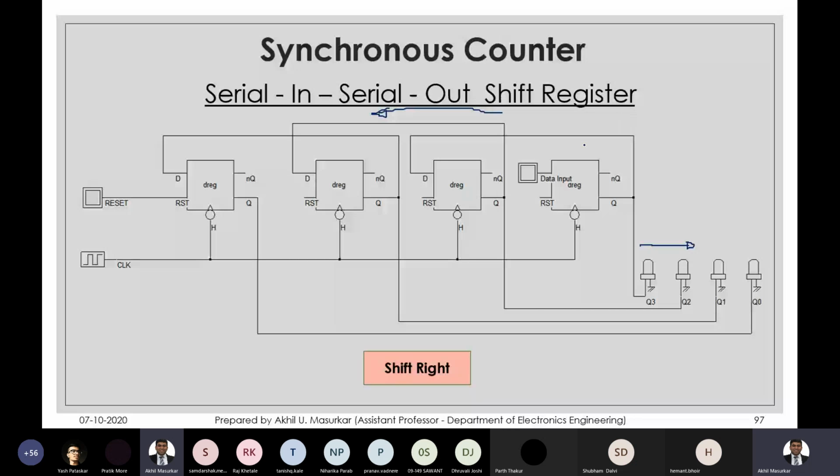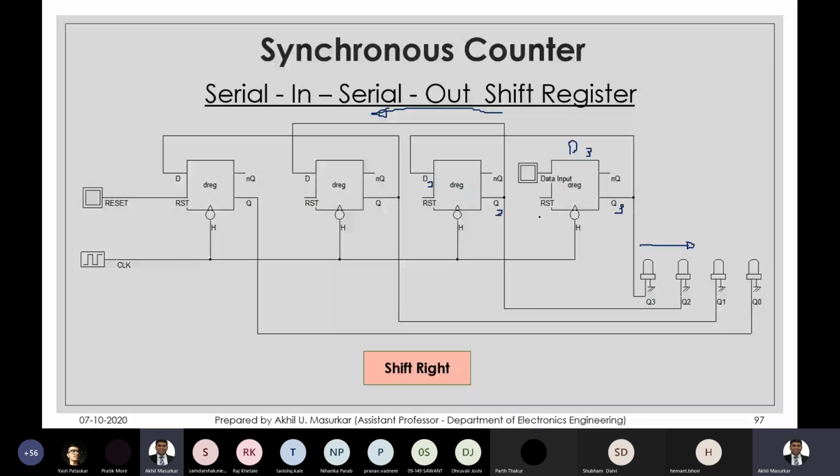So that is why you can see here my data input is given on D3. So I'll get Q3 first. The output of Q3 is given to D2, which gives me Q2.